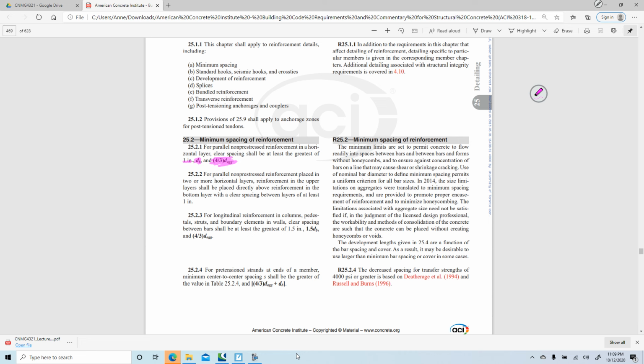This is for in a horizontal layer. And it says it has to be at least the greatest of, so the maximum of these three things is the minimum spacing. So if you have like a number 7 bar, the spacing can't be 7/8 of an inch. It's got to bump up to 1 inch, and so on.